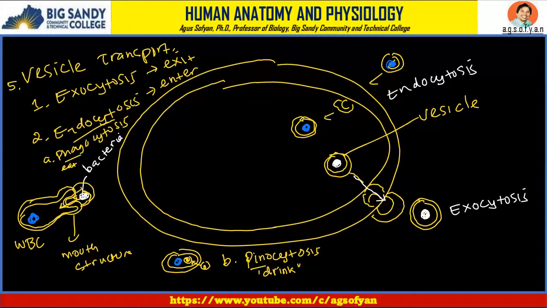So the molecules enter into the cell by drinking it. The cell drinks the molecule, so it's called pinocytosis. The other one, the white blood cell eating molecules, in this case bacteria, is called phagocytosis. Both of them are types of endocytosis.